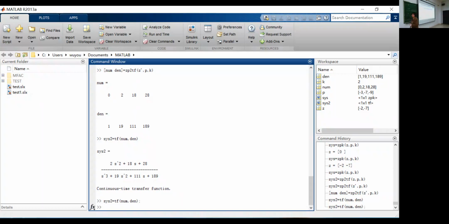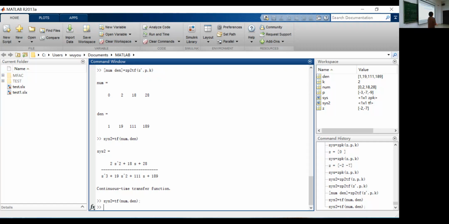Okay, we just talked about transfer function in two forms. One is the ZPK form, another is TF, right? And sometimes we need to consider not only one system, maybe two or more systems connecting.